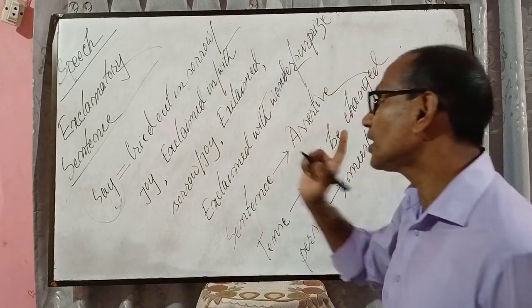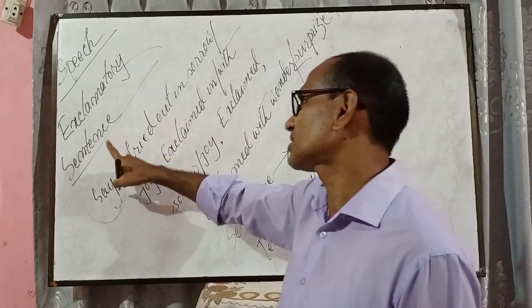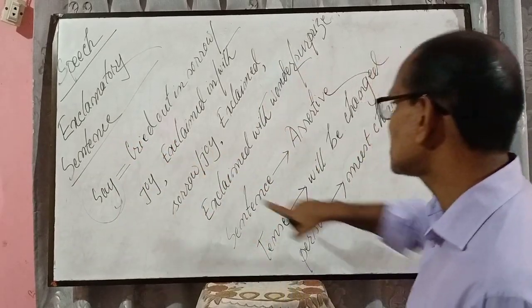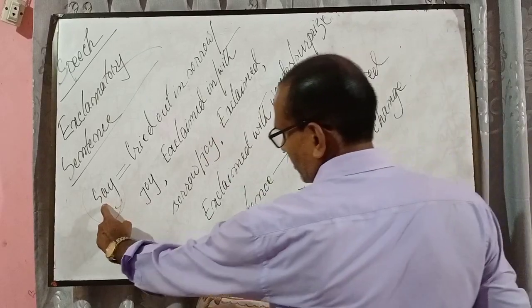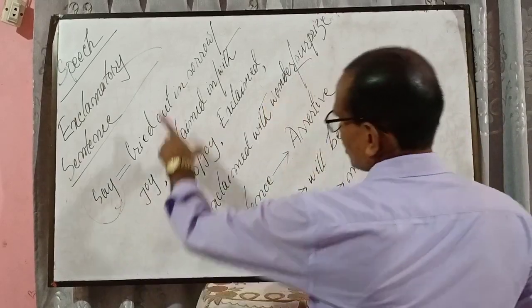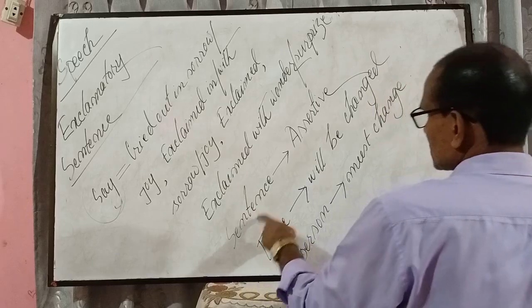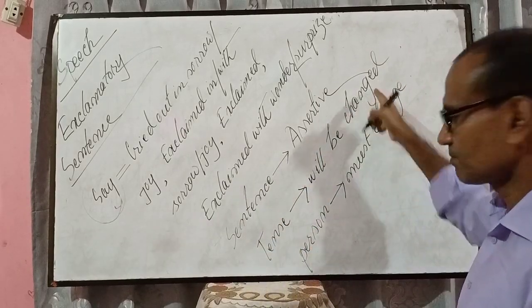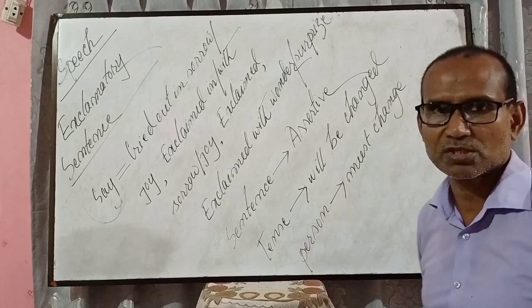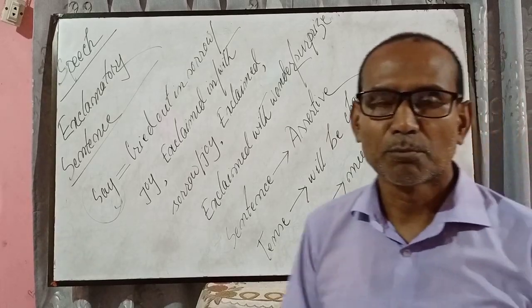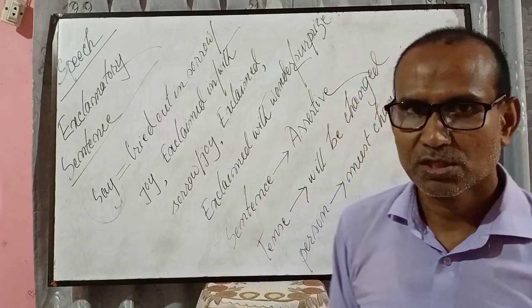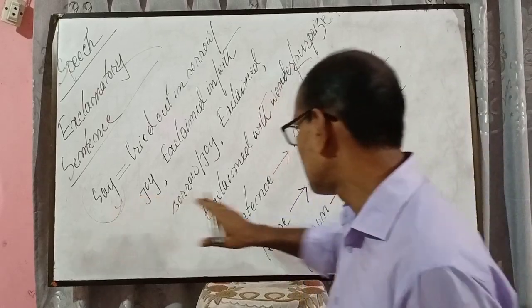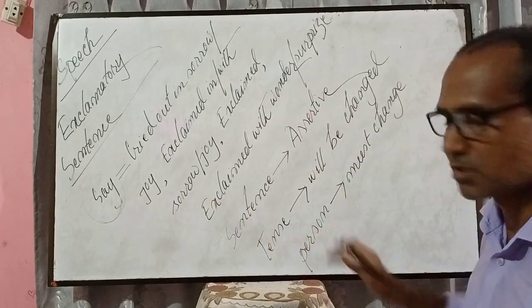So in this particular sentence, I mean an exclamatory sentence, you have to change these items. The say verb must be changed into these verbs. The sentence must be assertive. Tense must be changed. Person must be changed. So how many changes? 4 changes. Say verb, sentence, tense, person.